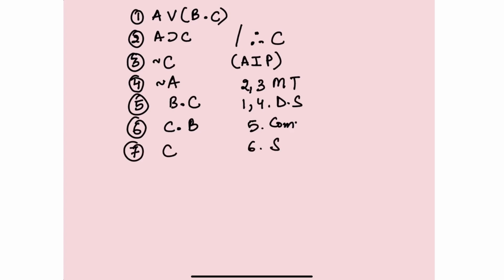So by simplification on 6 you get this, and then in 8 you have negation of C dot C. So negation of C, 7,3, you did conjunction.